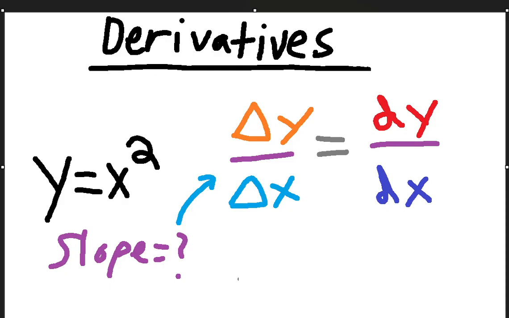And this d, the little d, is the same thing as the big triangle. However, in this case, it refers to a little change. In fact, an infinitesimal change. And this thing here, dy over dx, is what we call the derivative.